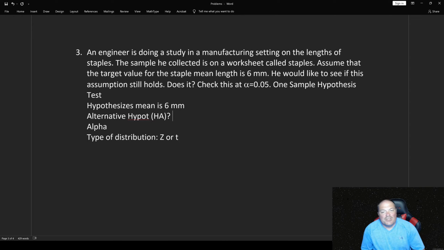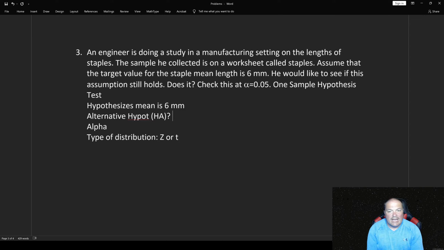Remember, you'll never know equal unless you have the full population. So what we're really doing for all hypothesis testing is we're basically saying, this is what I think. Now I'm going to collect information to try to refute what I just said. We can never accept the null. We can only reject it or fail to reject it. Think about it kind of like a jury trial in the United States. Innocent until proven guilty.